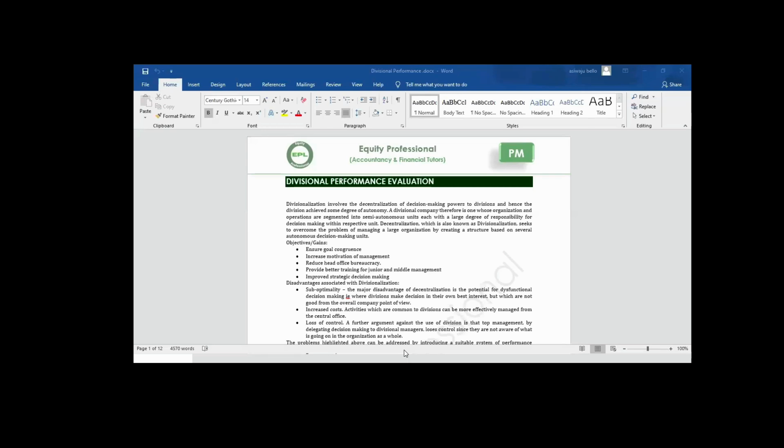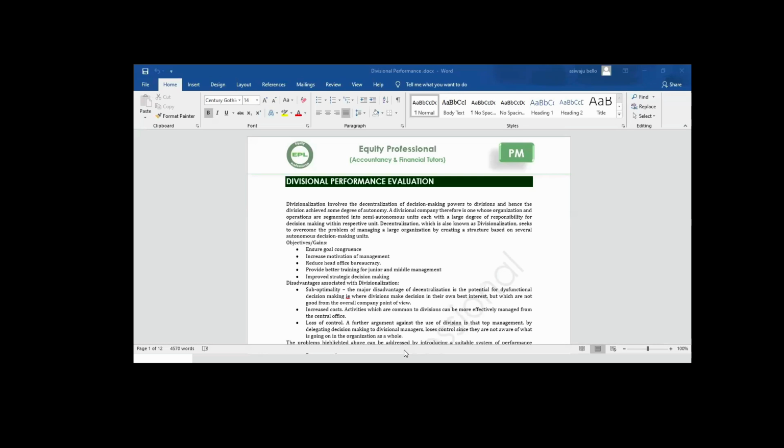Under the Dangote Group of companies, we have Dangote Cement, Dangote Sugar, Dangote Salt, Dangote Food, Dangote Flours, and Dangote Petrochemical. These divisions contribute to the total profit of the company called Dangote Group.